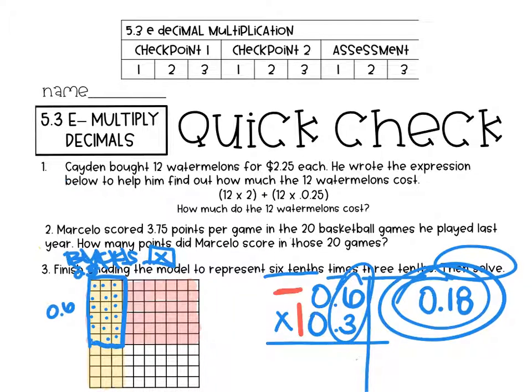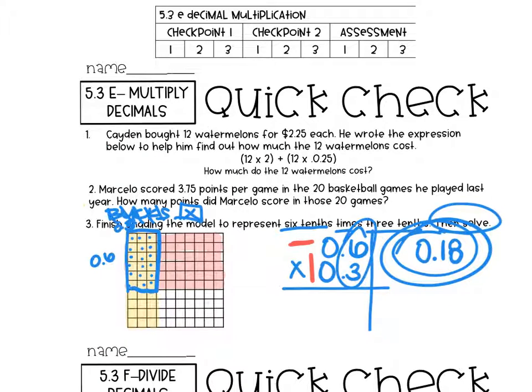This is your product here. And if you want to do the math, you're more than welcome to. Your strategy is going to be up, across, X, X, O, across, up, add. Okay? So 3 times 6 is 18. Carry the 1. 3 times 0 is 0, plus 1 makes 1.